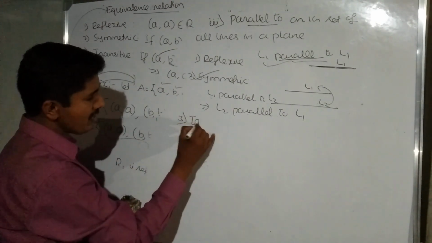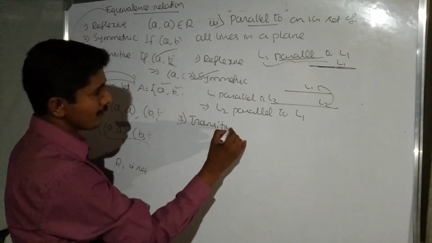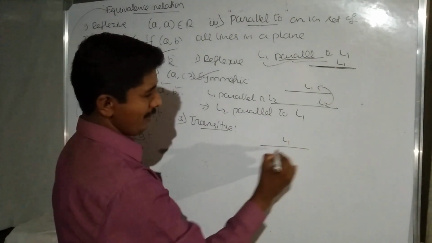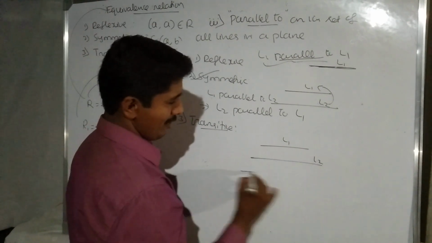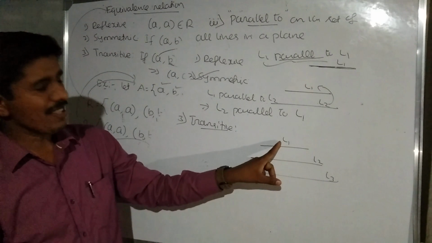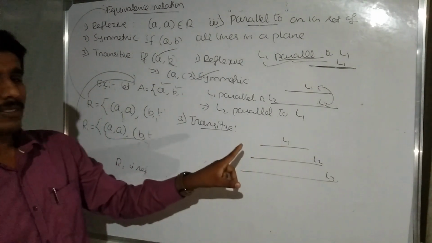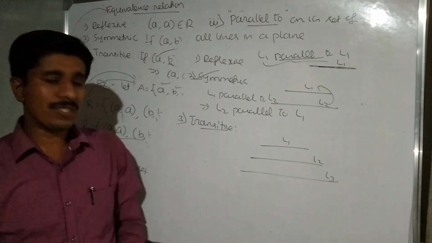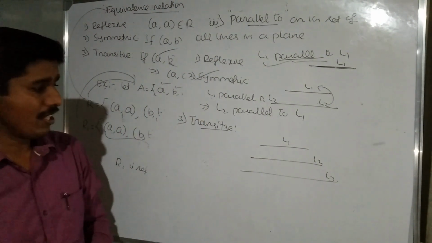Third one, transitive. Let us take three parallel lines, L1, this is L2, this is L3. Transitive condition means A related to B and B related to C, then A related to C. That is transitive.